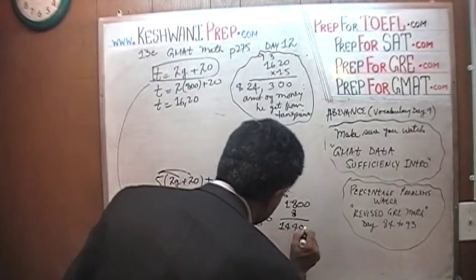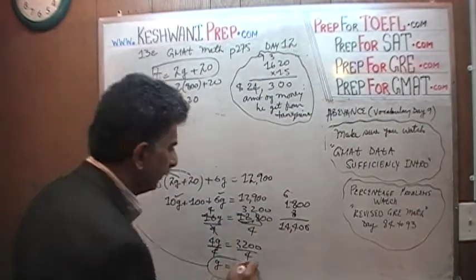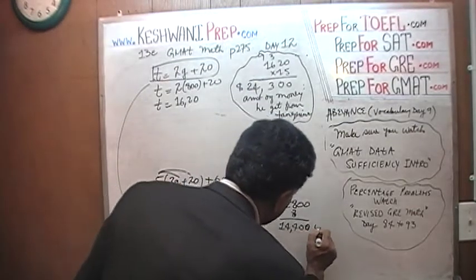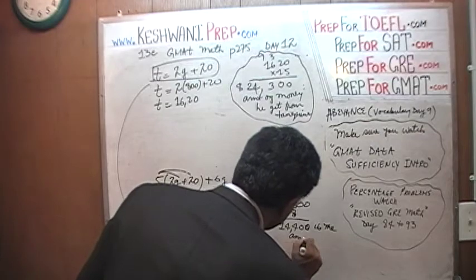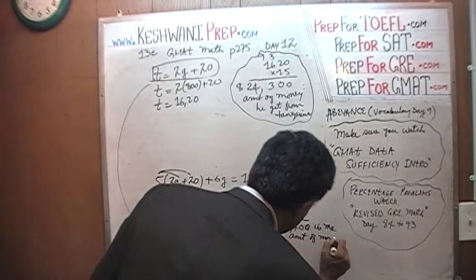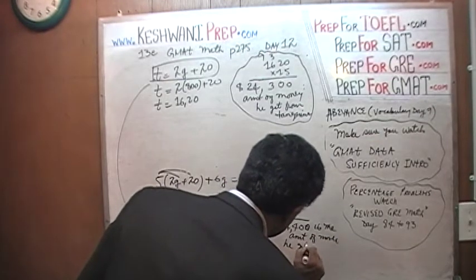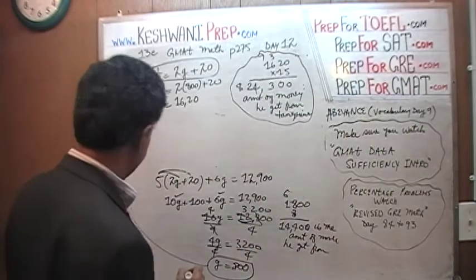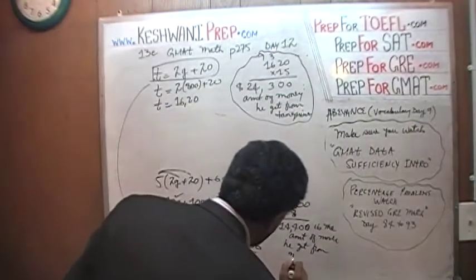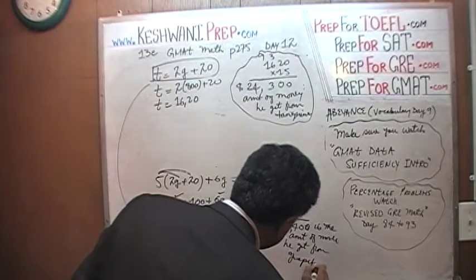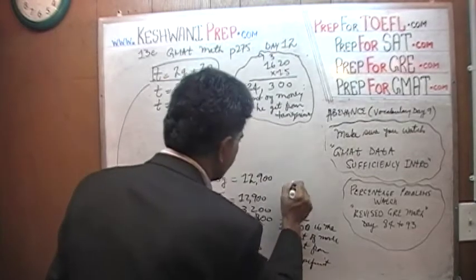So it's 14 and a 4 0. So it's 14,400. 14,400 is the amount of money he gets from grapefruit. This was for the grapefruit.